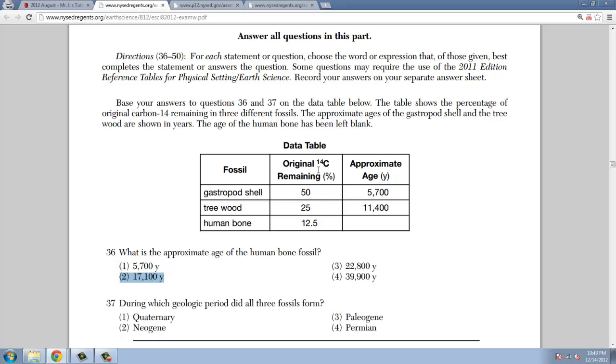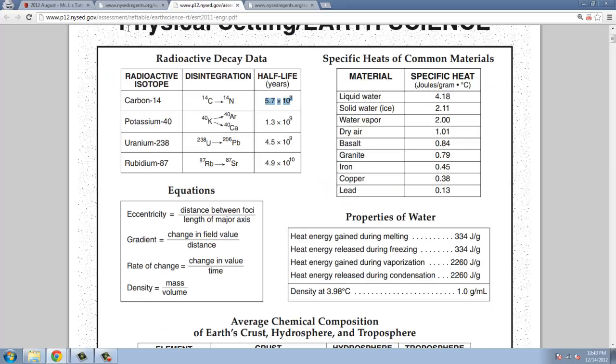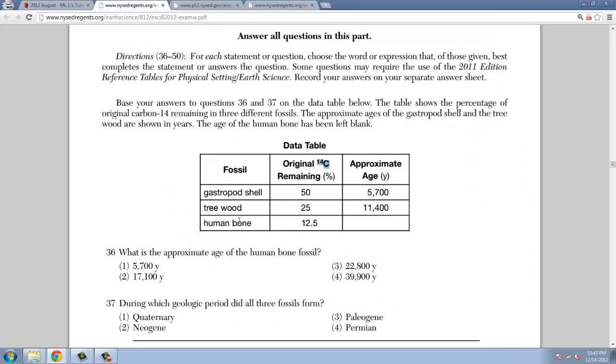The trick here is that you make sure you know what the half-life of carbon-14 is from the reference table, and you see that it's in its third half-life. 3 half-lives would be, number 2, 17,100 years.